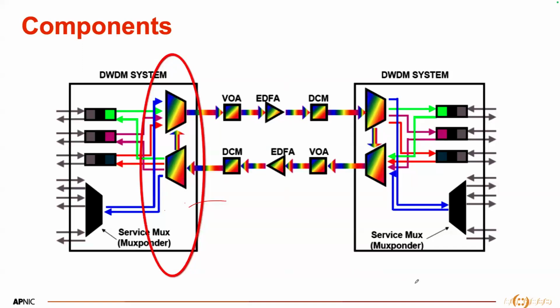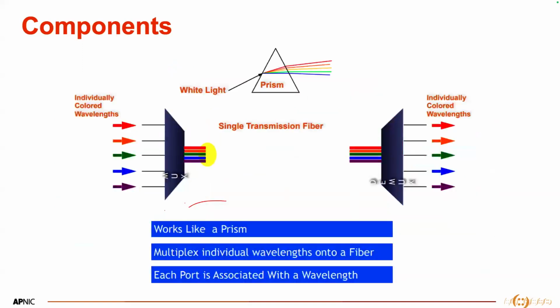So if we take a look at the Mux and Demux unit, the Mux unit is multiplexing all the colored lambda, as you can see, the colored wavelengths. The Mux side or the multiplexer is doing the multiplexing, and the demultiplexer is doing the demultiplexing. It's receiving the combined signal here, and it is doing the demultiplexing of all the color lambda.